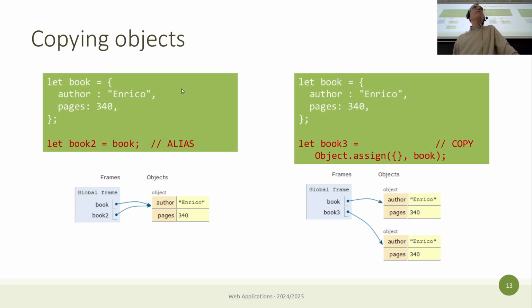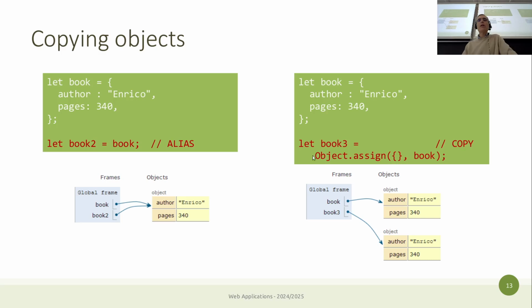Copying objects. You remember copying arrays? We had to use Array.from, Array.of, or we need to use the spread. Okay. Copying objects. Well, the problem is the same. If you just assign the reference, you copied the reference. You didn't create a new object.